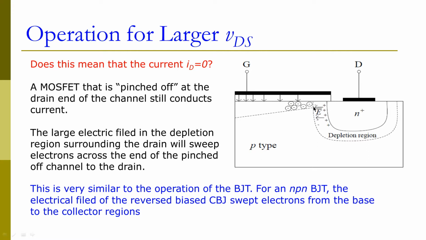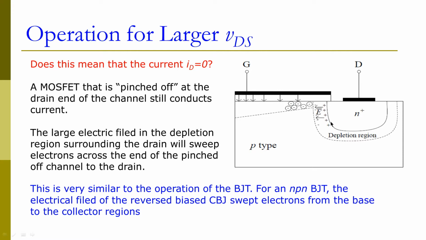Even though there's no channel here, any mobile electron close to this depletion region will be swept by this electrical field to the drain.